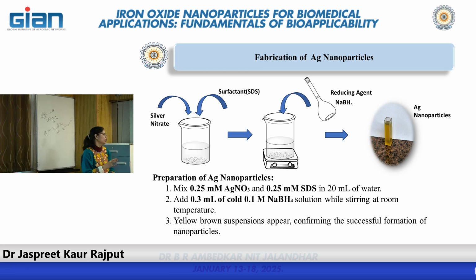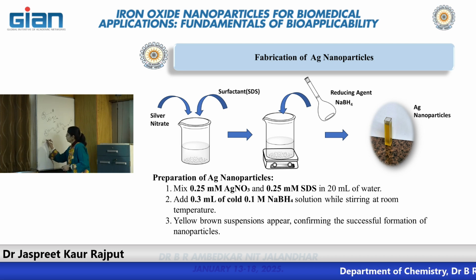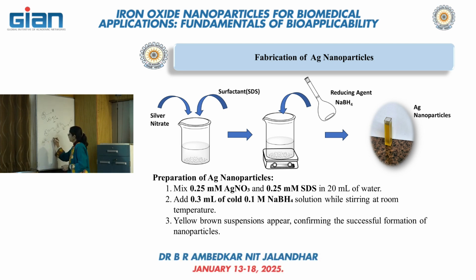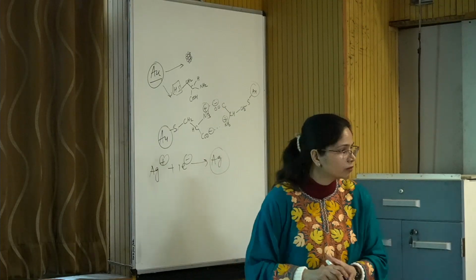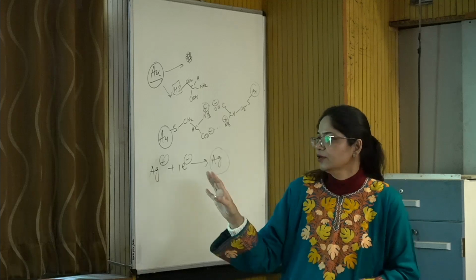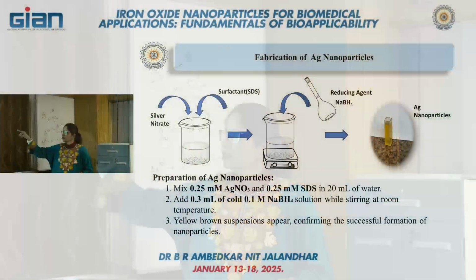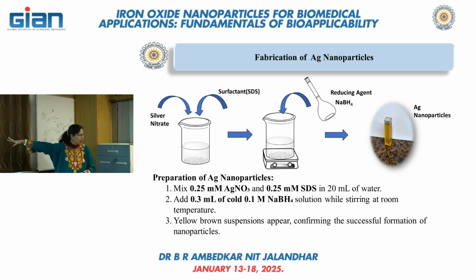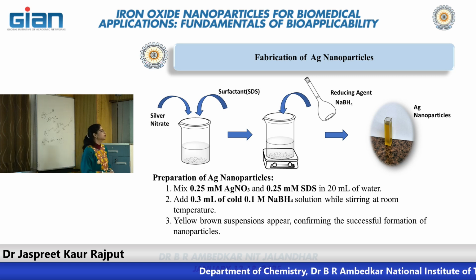So sodium borohydride will act as a reducing agent, and the silver plus will gain 1 electron and convert into reduced form silver, right? And the product is, you can see this yellow color, it's a mustard yellow, yellowish brown color of the silver nanoparticle.